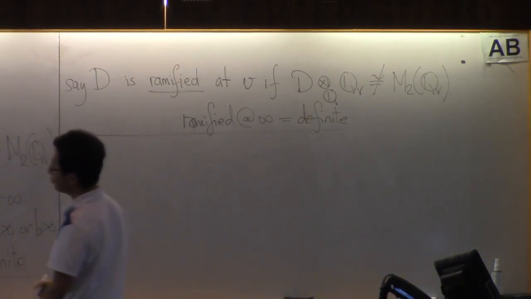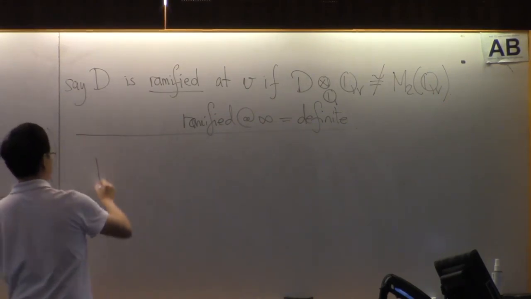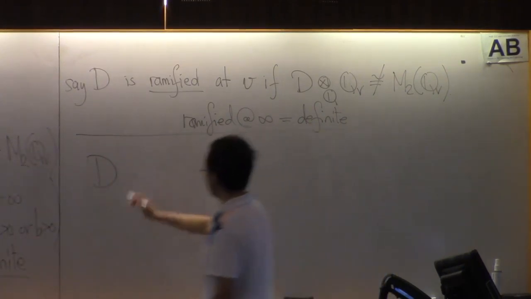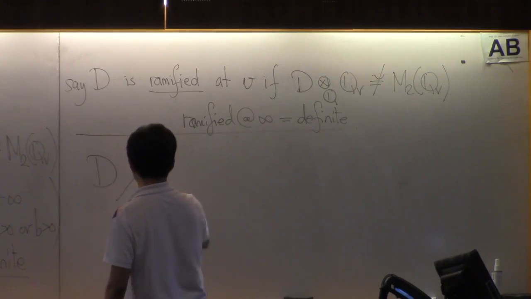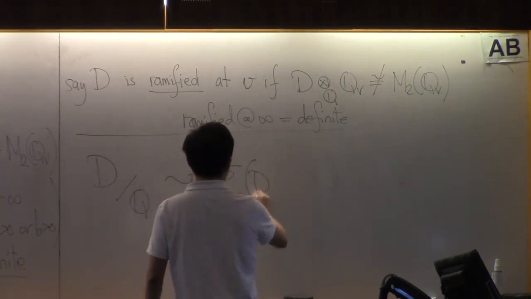So the goal is to classify all the quaternions over Q. As it turns out, the answer is very neat. If you start with a quaternion D over Q, I can associate a set of places.